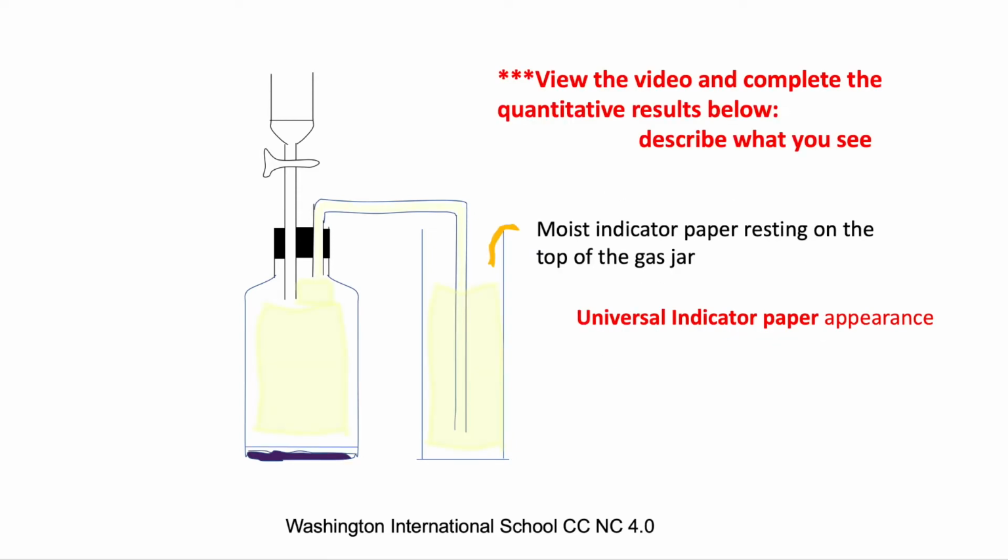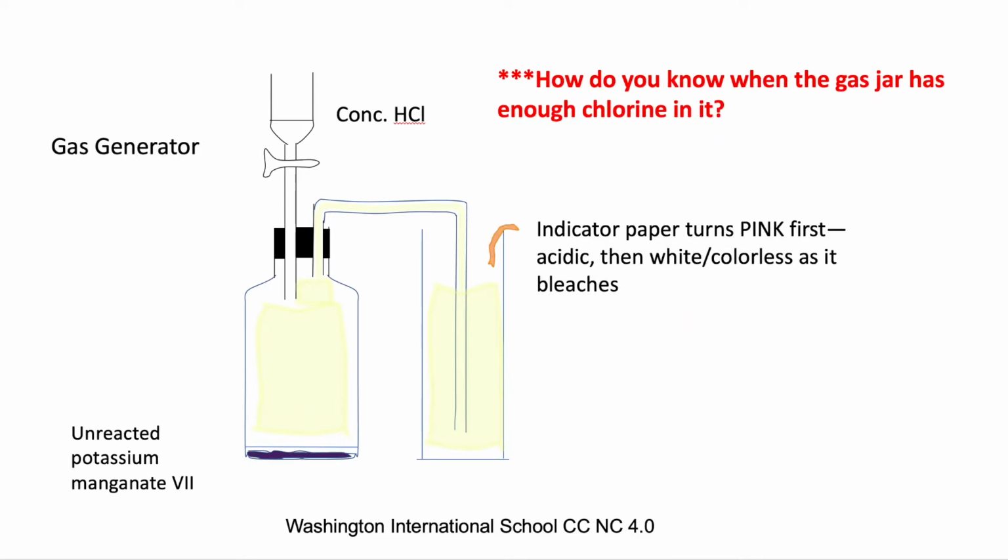So as you start to react the acid, you'll see a gas being produced, and you're going to describe the appearance of the gas that's produced. We're putting some moist universal indicator paper at the top of the gas jar, and that enables us to determine when you actually have filled the gas jar or got an appreciable amount in it.